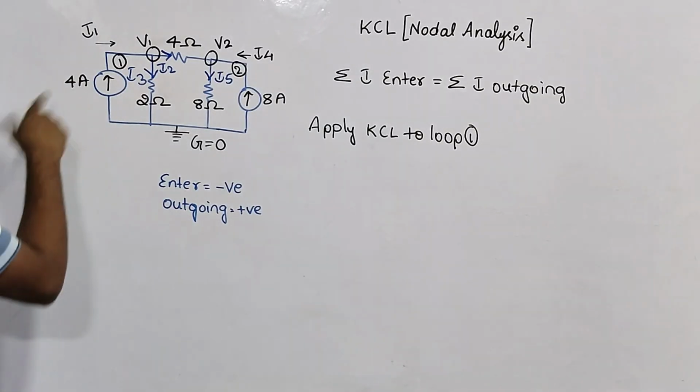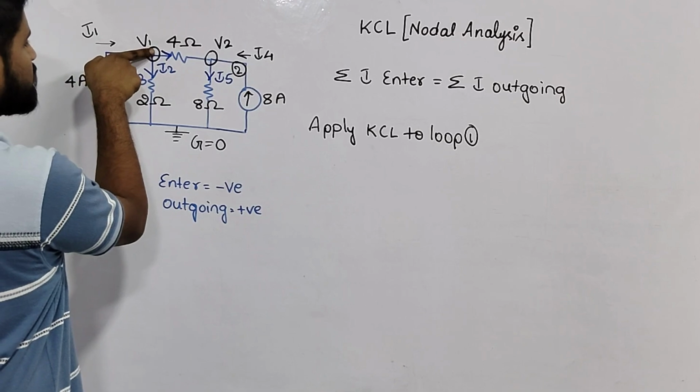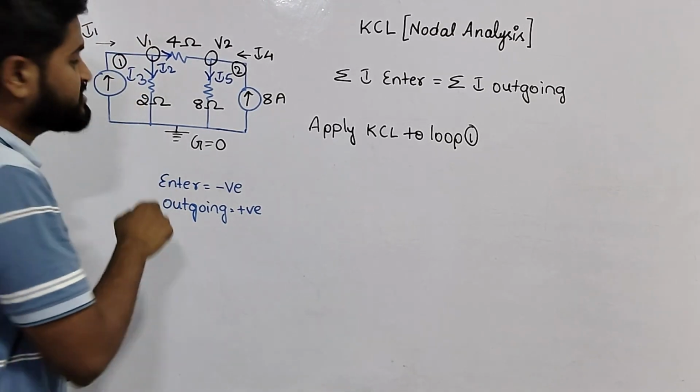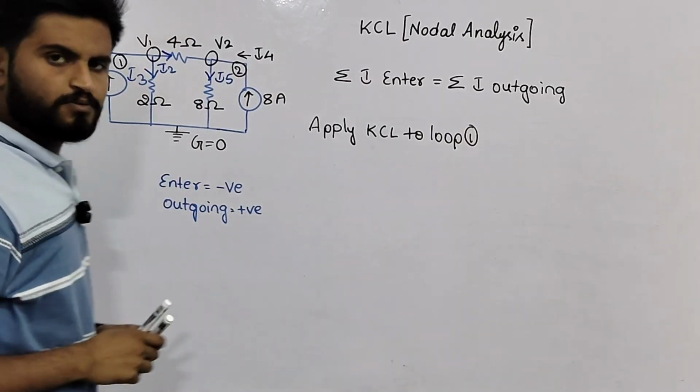Now if you see here, for the first loop we are applying, current I1 is entering the node. Here is the node across which we want to find the voltage. So current I1 is entering the node. Entering means minus.